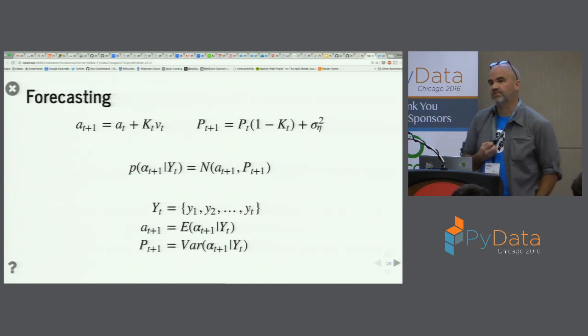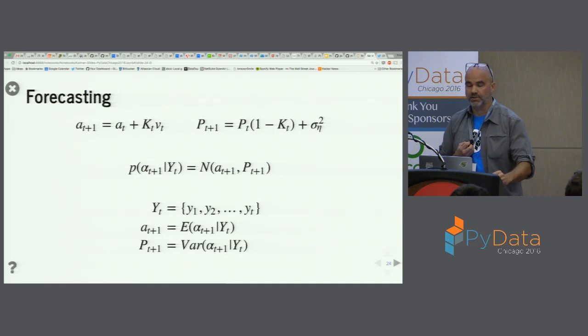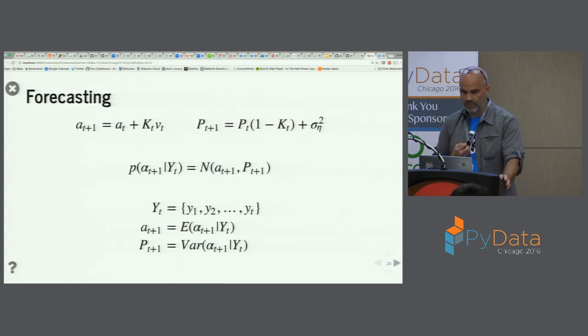With forecasting, it's a very similar process, except what we're looking for is the next value in the time series, and the trick here is that we don't have an observation for this. We're just trying to estimate the next point in the time series, given what we know about previous observations and the state. Again, we're really calculating a conditional distribution.